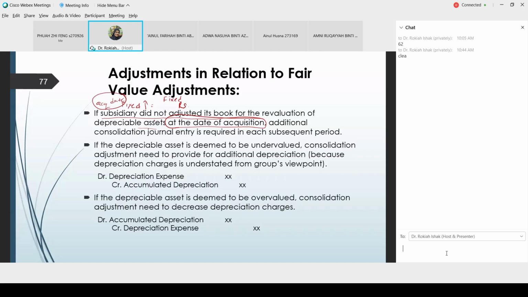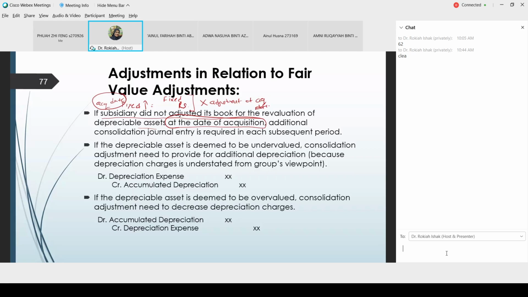Now, in this situation here, there is no adjustment. Okay, we don't prepare this one. Don't prepare the adjusting entry at the acquisition date. So at the acquisition date, we don't prepare this one.